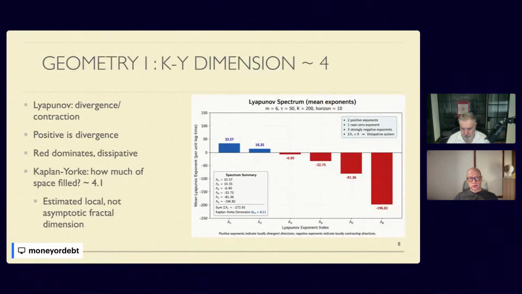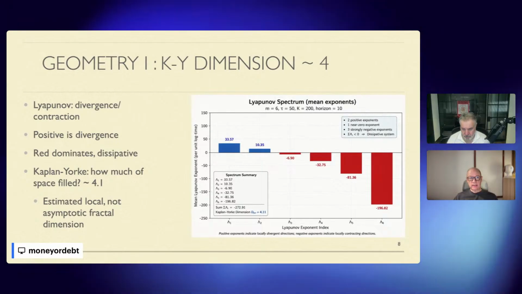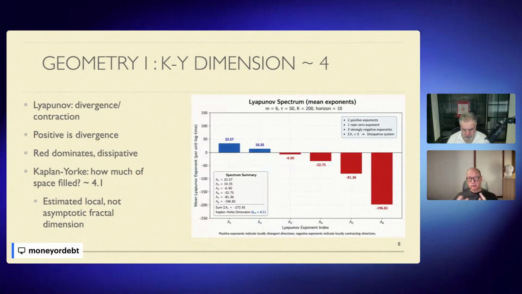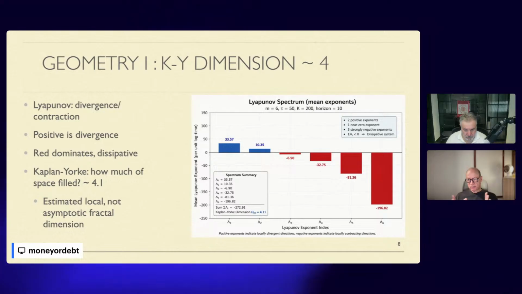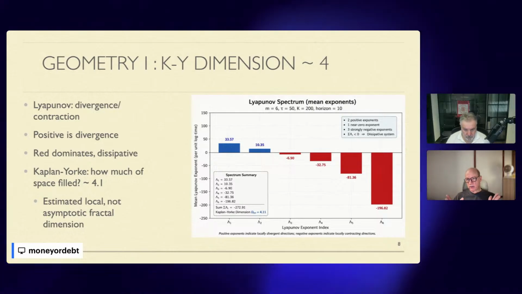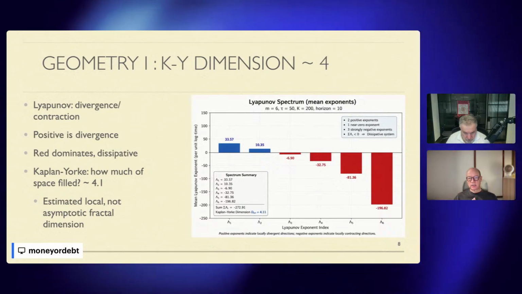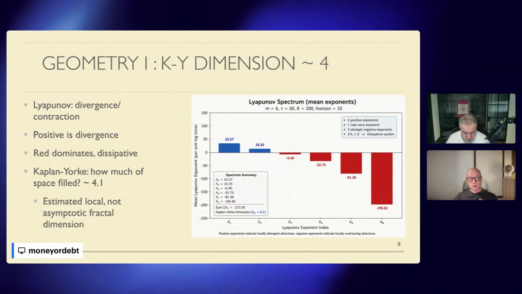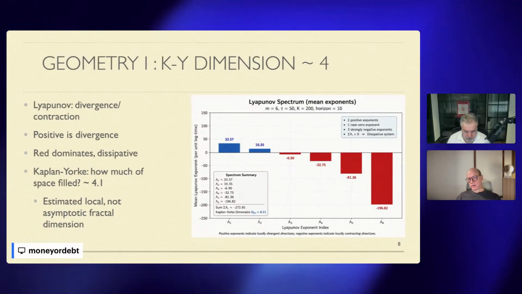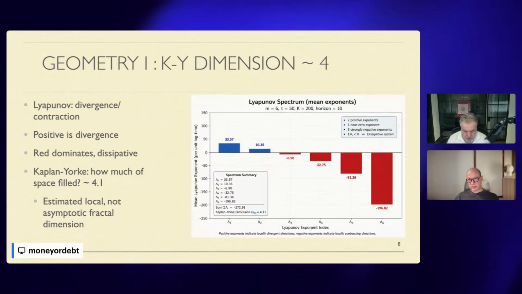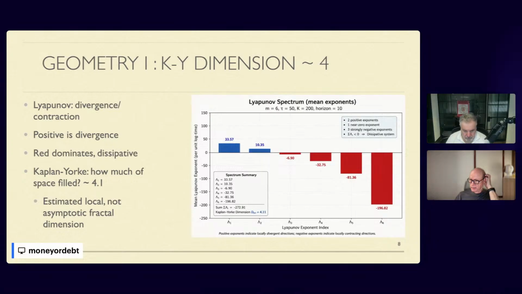So one test you can do is called the Kaplan-York dimensionality. You've got this 6-dimensional space. You identify these exponents basically and order them as to which direction is strongest and which is weakest. And are they positive? Are they diverging, or are they contracting? And so the first two are diverging and the next 4 are contracting.